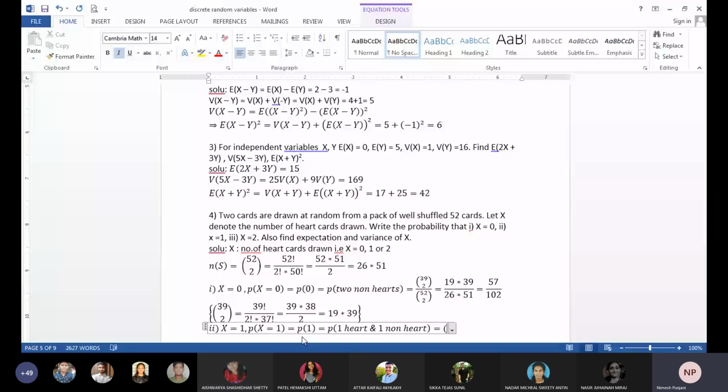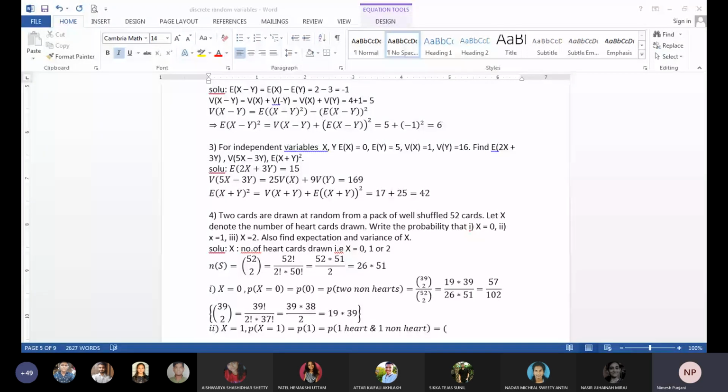Very good. What is the value of 13C1? 13.